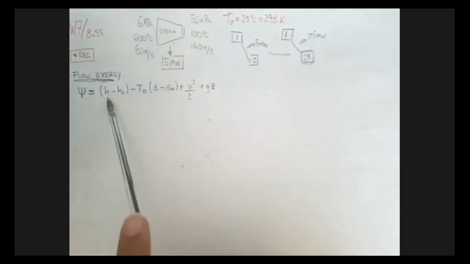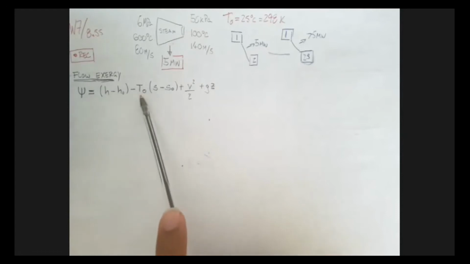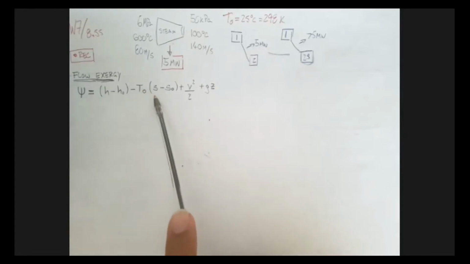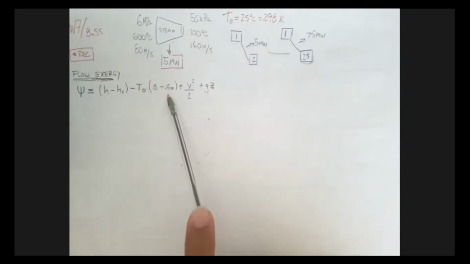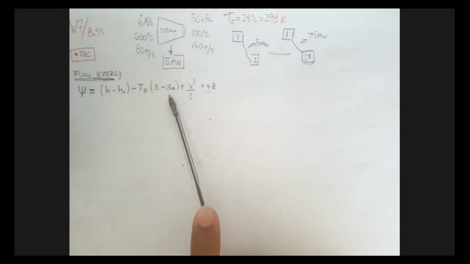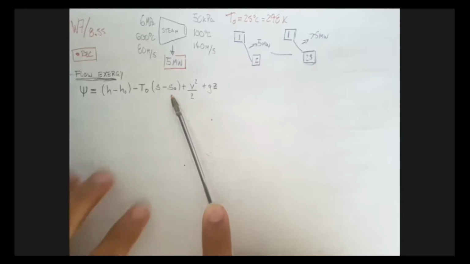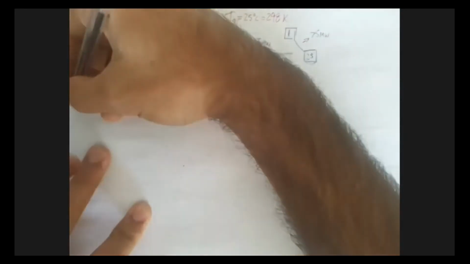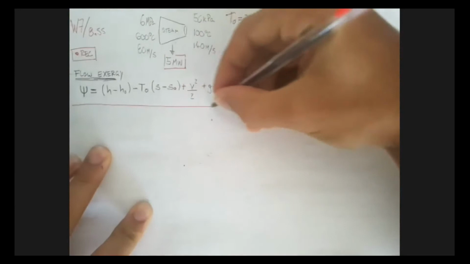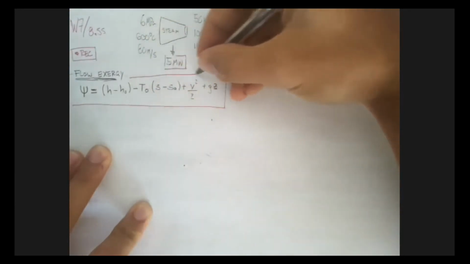So it's the difference between the state that we're in and the dead state, the dead state temperature, and the difference between the entropy, the disorder, that we have in our current state minus the disorder that we have in our dead state. So the first thing to know is that this equation relates to the exergy of a flow at any given time. It's not in relationship to a process, it's not in relationship to anything. It's just in relationship to the dead state.